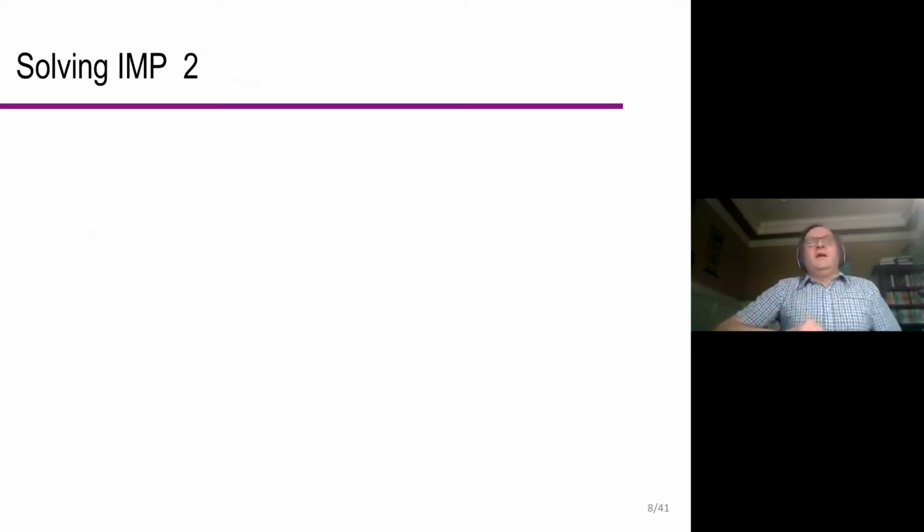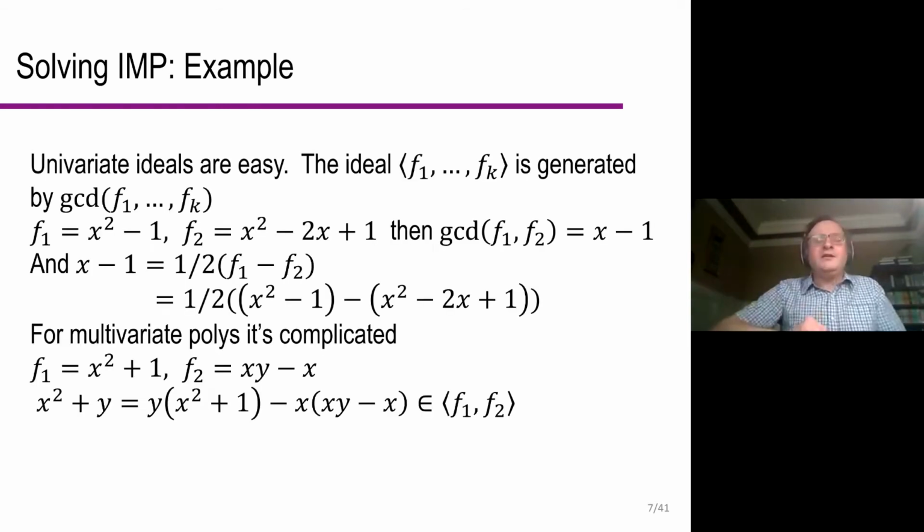Okay. So if we go back a little bit, and look at all these linear combinations, one natural idea for how we can solve the IMP would be something like this. I take my polynomial and try to divide it by the basis polynomials. Say I try to divide it by x2, I may get something. I try to divide it by xy minus x, and maybe I get something.